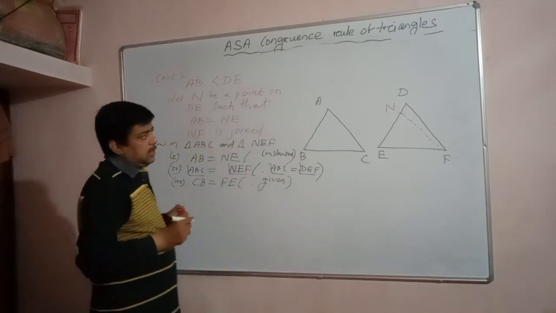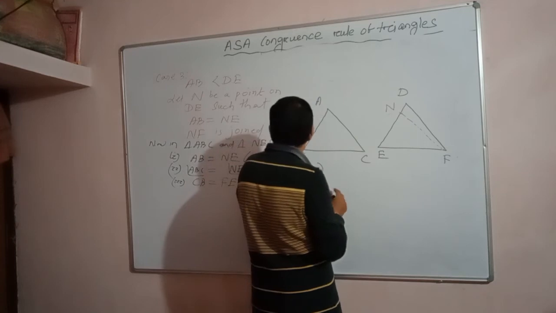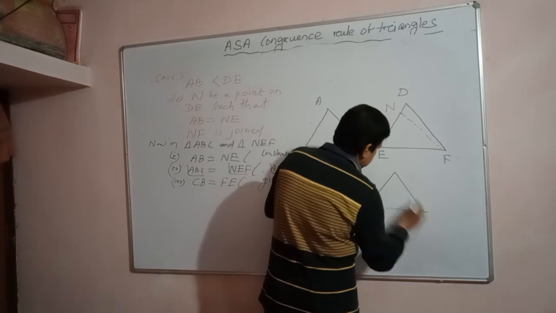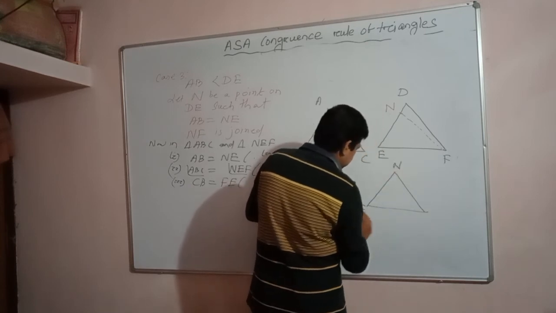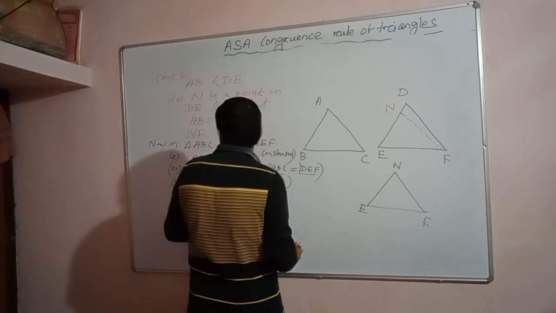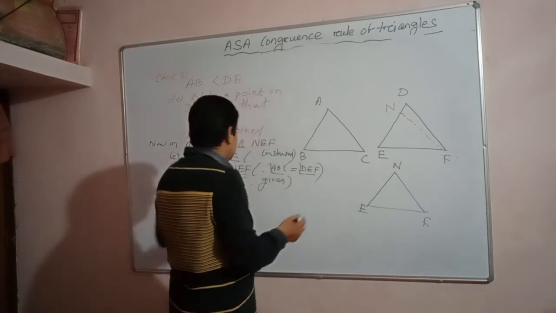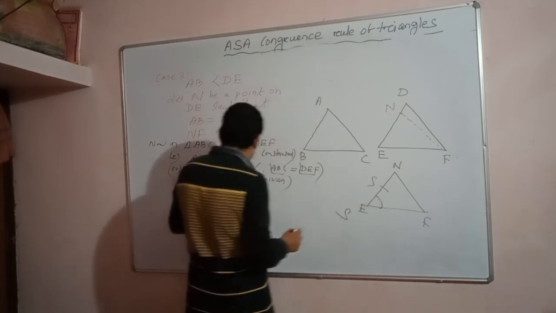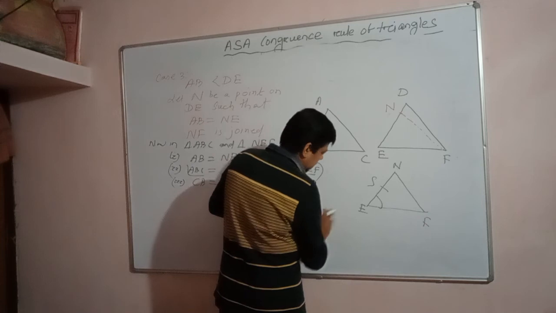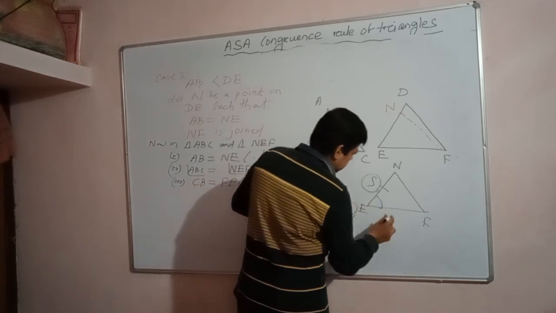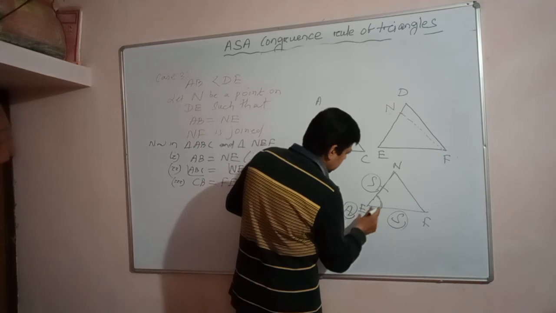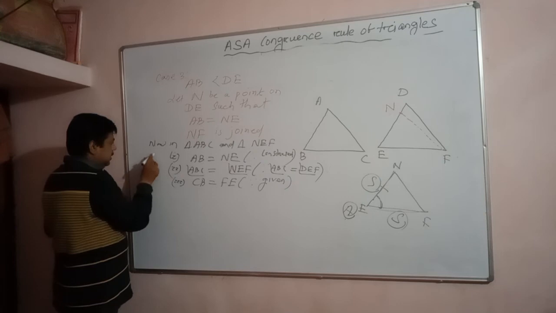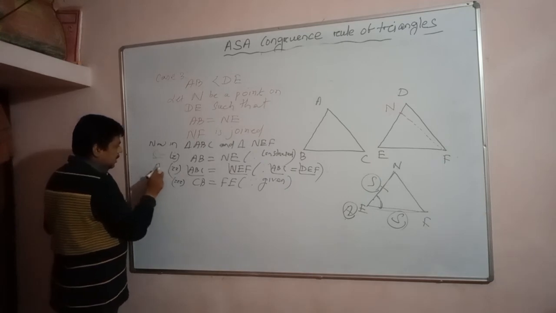So what are we saying here? In triangle NEF, look at here. This is a side, this is the angle NEF, and this is a side.